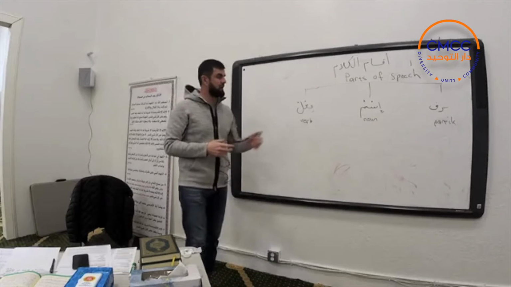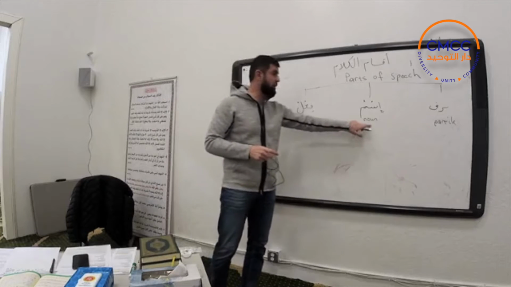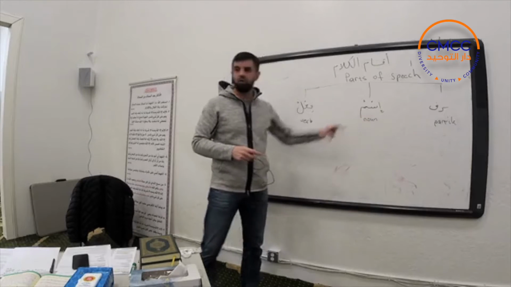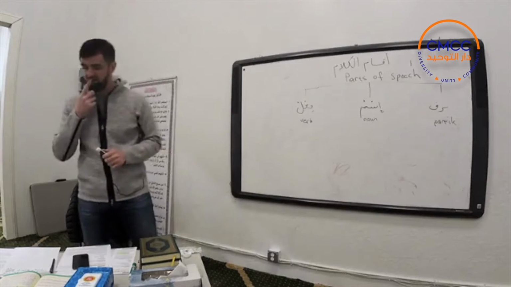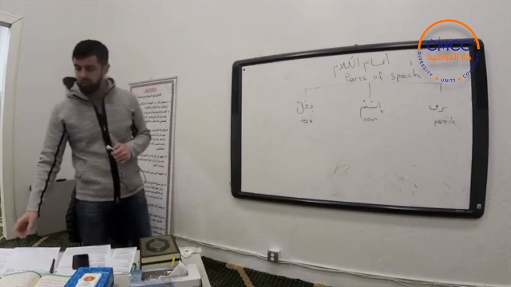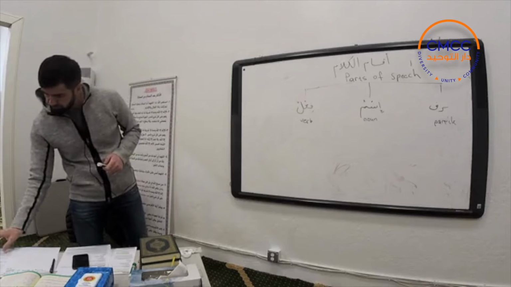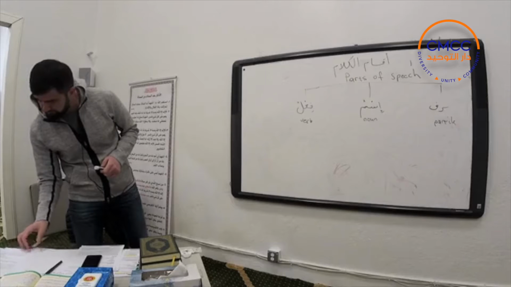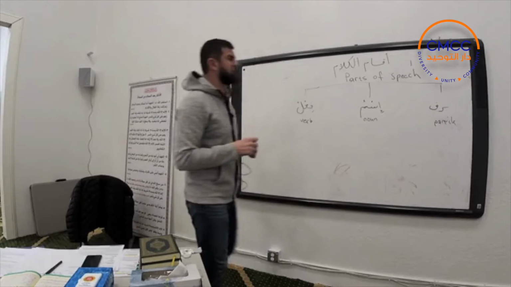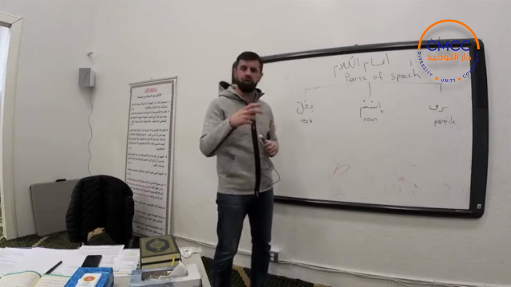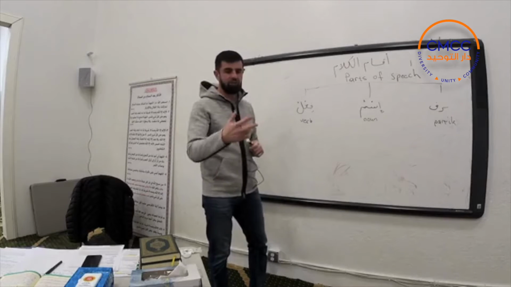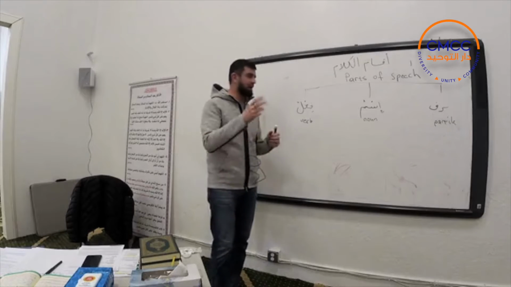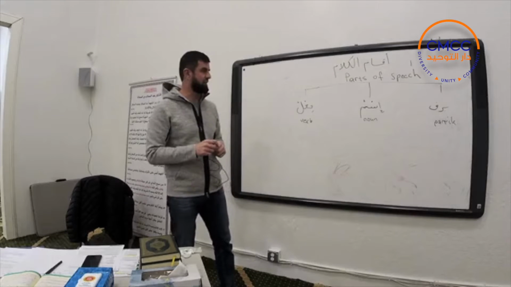Unlike in other languages, for example, we call it noun, but it doesn't mean that ism is only noun in the Arabic language, because it might also be an adjective, when you describe something as beautiful, big. Adjective, yeah, exactly. So it could be noun, adjective, and stuff like that.